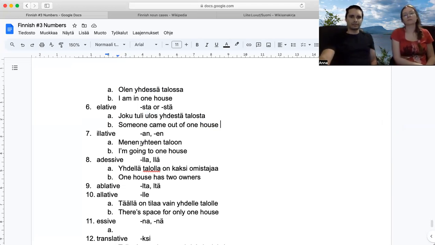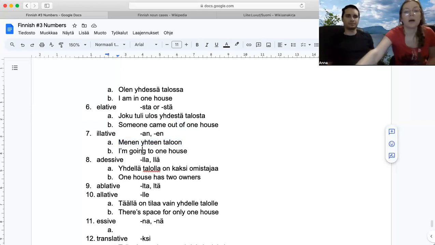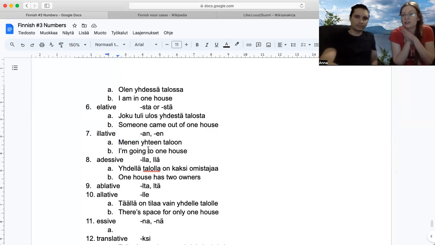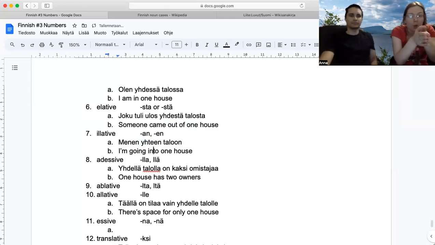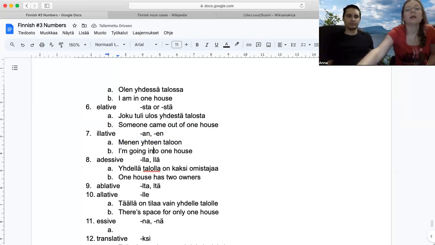Then relative, I'm going to one house. Menen yhteen taloon. So I'm going or I go, menen, to one house, into one house, I would say even. So when you're going inside something, the direction is somewhere inside. So this would be illative case.